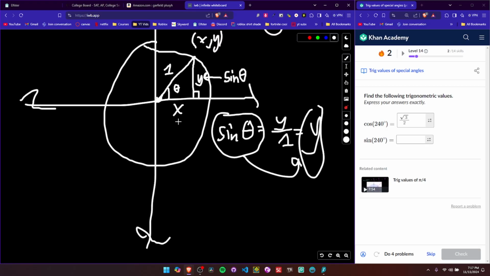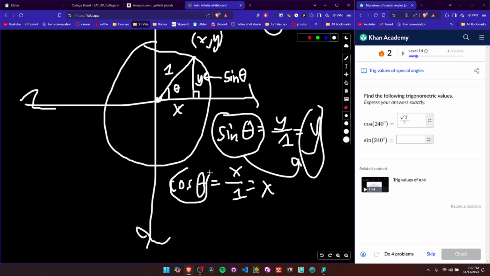And likewise, if we take the cosine of theta, that's going to be adjacent divided by hypotenuse. So the adjacent side to angle theta is going to be x, and the hypotenuse is obviously 1. So cosine of theta equals x over 1, which is just equal to x.